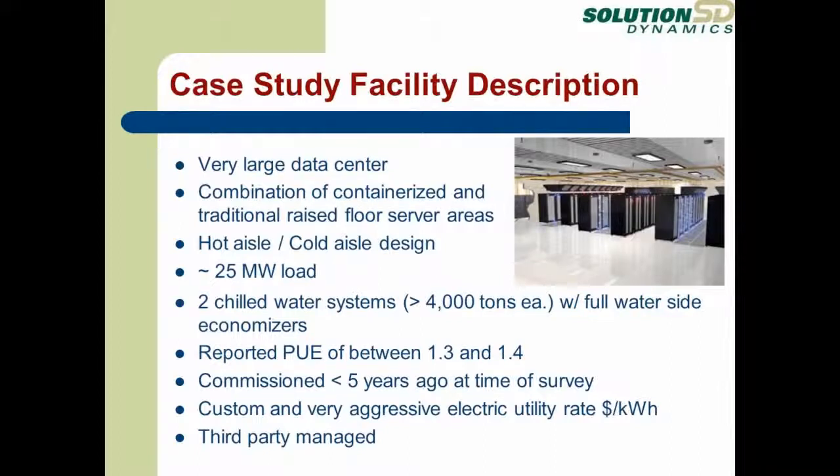Because it's so large, they were able to negotiate a custom rate, which was very aggressive in terms of dollars per kilowatt hour, quite below what most people would pay in that particular area. That being said, there's still a lot of opportunity, even though the energy costs are so low.